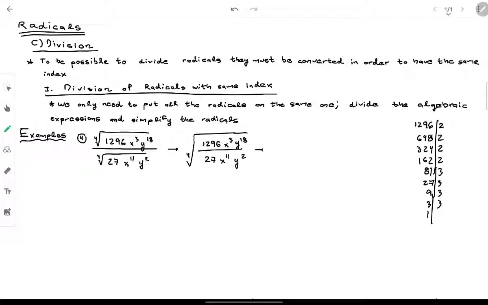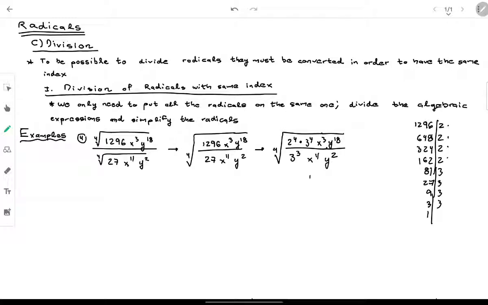So this one, we can write it as the fourth root of 2, it's 1, 2, 3, 4, so it's going to be 2 to the 4, that multiplies 3 to the 4, x cubed, y to the 18. And on the denominator, we have the 27, that is 3 cubed, x to the 11, y squared.